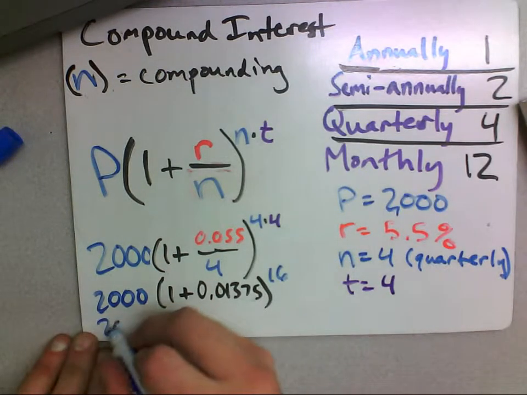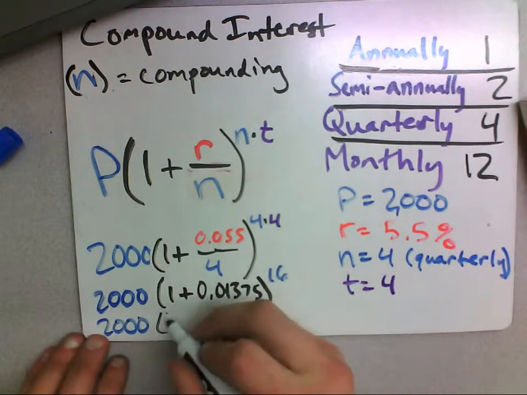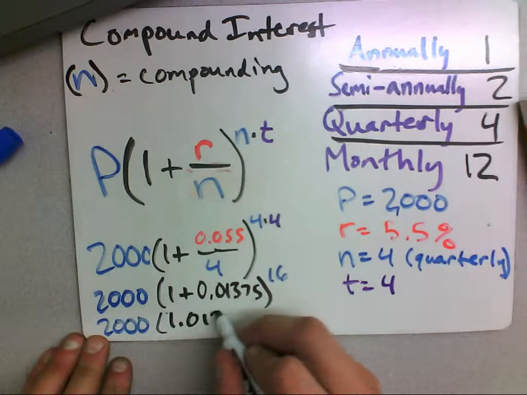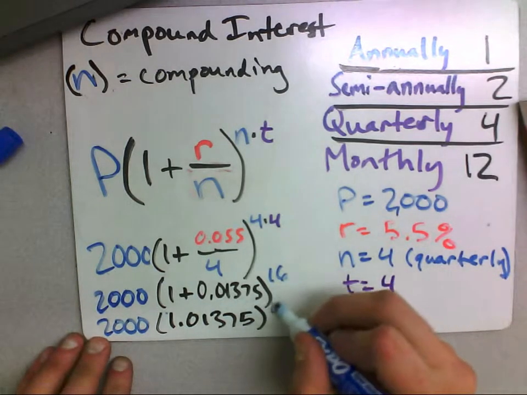Simplified a little bit more, 2,000 times, let's add what's inside of this parentheses here, 1.01375 raised to the power of 16.